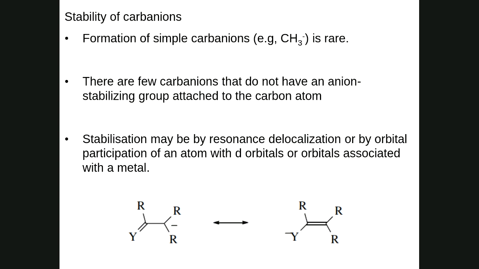They just don't have anything in the structure that will help carbon stabilize that negative charge. Carbon is particularly unhappy stabilizing both positive and negative charges. All the chemistry of carbon is the chemistry of covalent compounds. It's not happy making ionic bonds, it's not happy stabilizing charges, positive or negative.